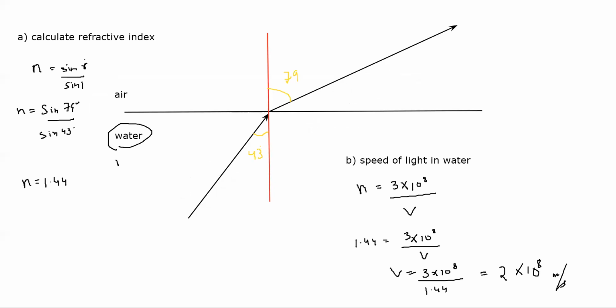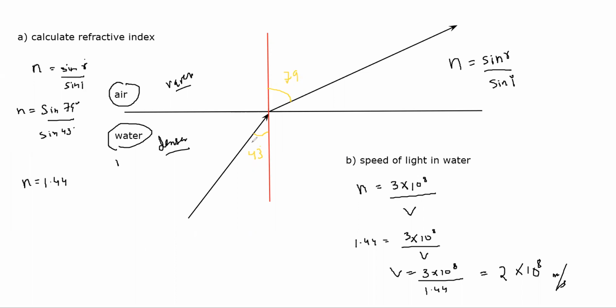Sir, can you please explain question number A? Look, in this question, the light is traveling from water to air. Water has a high density, so it's a denser medium, and air has a low density, so it's a rarer medium. Whenever light travels from a high density medium to a low density medium, the formula for refractive index is sine angle of refraction divided by sine angle of incidence.